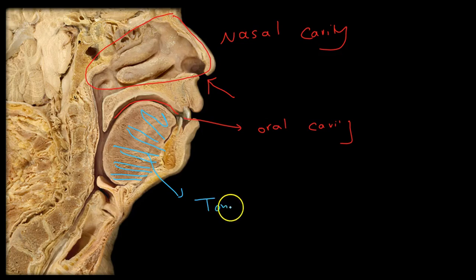And look at the roof of the oral cavity or the floor of the nasal cavity. Here we call this as palate. So let me use a different color. So here we call this as palate. So the palate is the roof of the oral cavity and the floor of the nasal cavity.